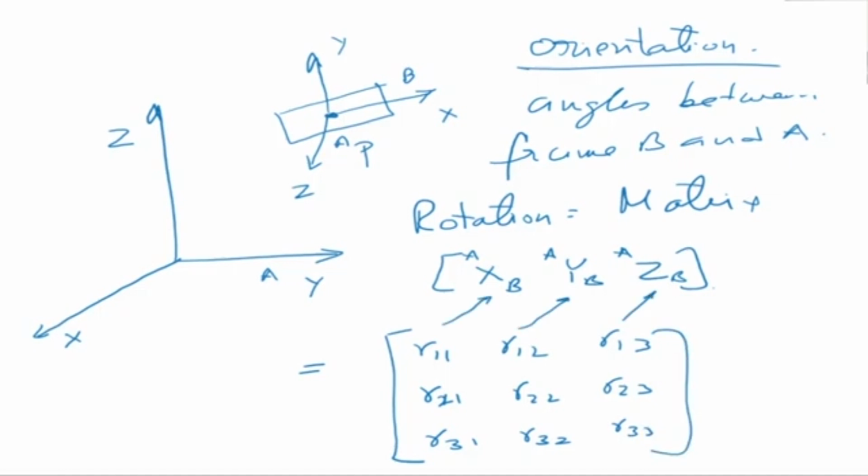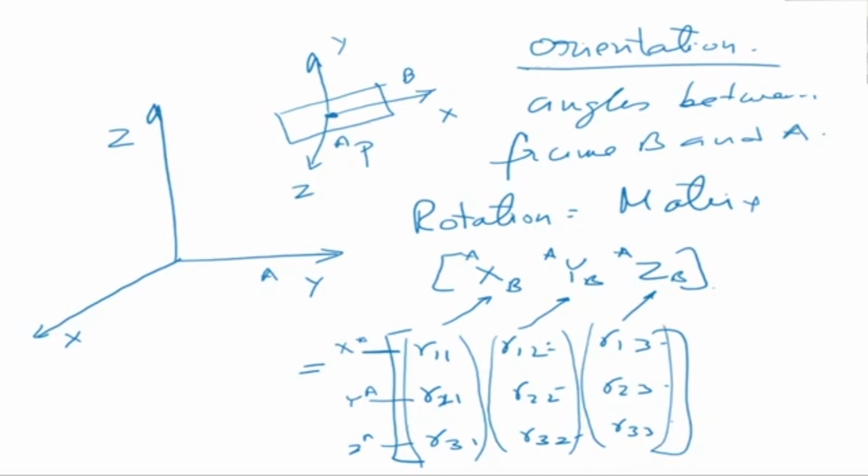So this column is essentially the angles made by the x-axis of B with respect to the x, the y, and the z of A. Similarly, the second one is the y-axis of B. What angles does it make with the x-axis, y-axis, z-axis of A? And this one is the z of B, what angles it makes with the x, y, z of A. Now these are columns, and we need to note that these are unit vectors. So the magnitude of each of these columns is equal to 1 because they are unit vectors.